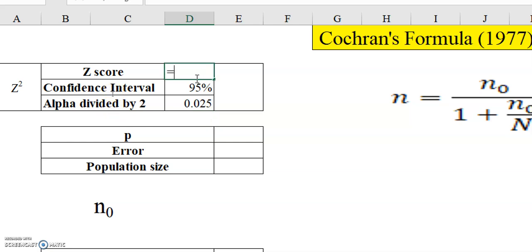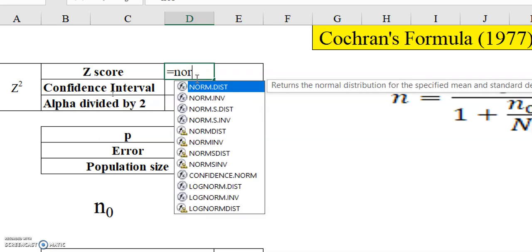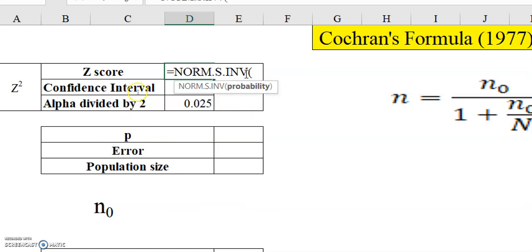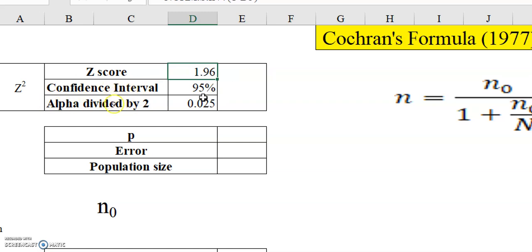For a 95% confidence interval, type here NORM.S.INV and then the probability, so 1 minus probability, close this and press enter. So here the Z score in a two-tail test is 1.96 at a 95% confidence interval.